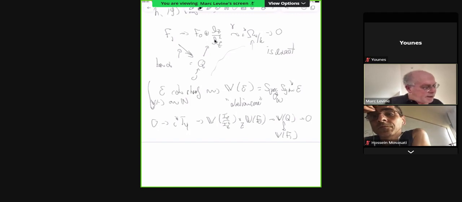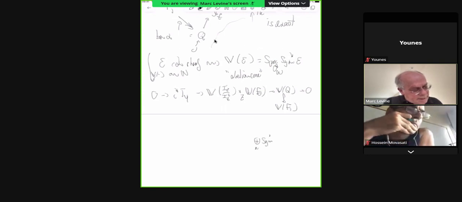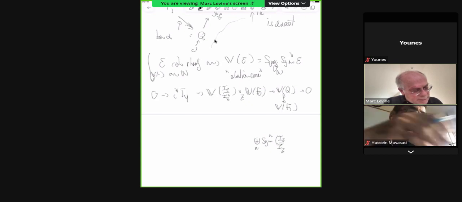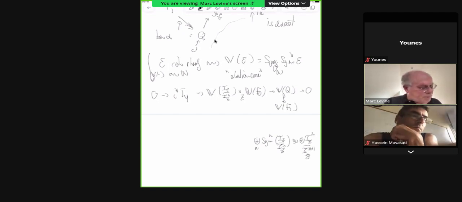And similarly, Sym star is the direct sum over n of Sym n of I_Z mod I_Z squared. And this maps onto the direct sum of I_Z to the n mod I_Z to the n plus 1. That's a surjection, and so by taking Specs, that gives you a closed immersion.